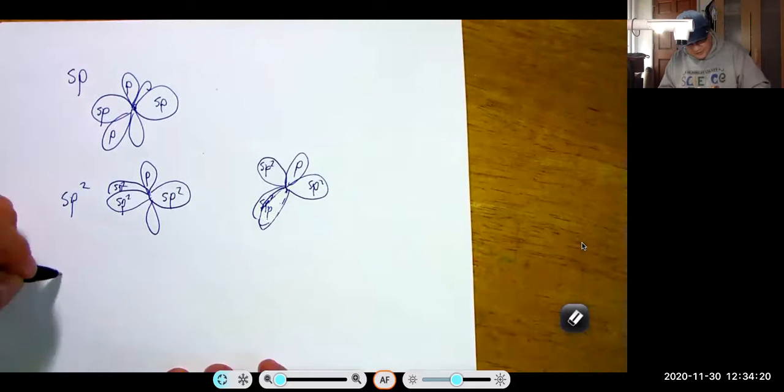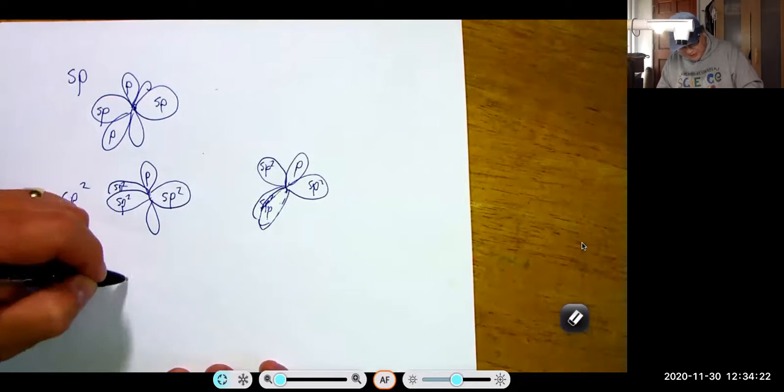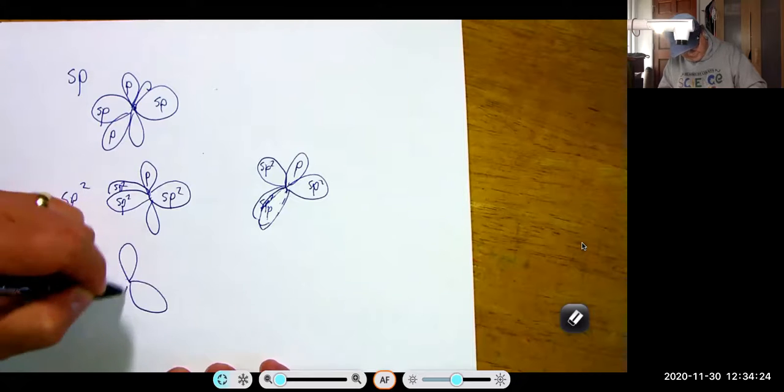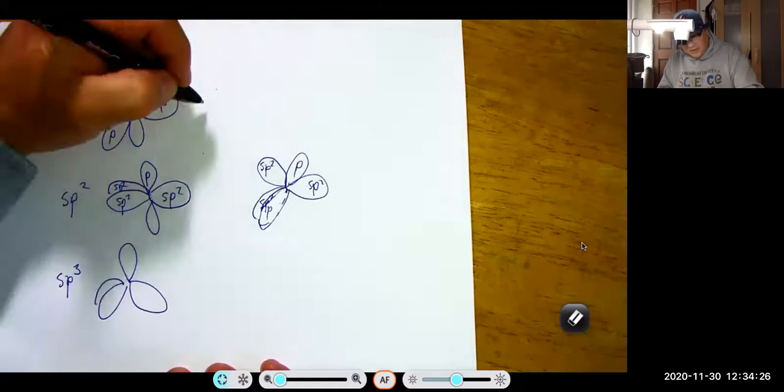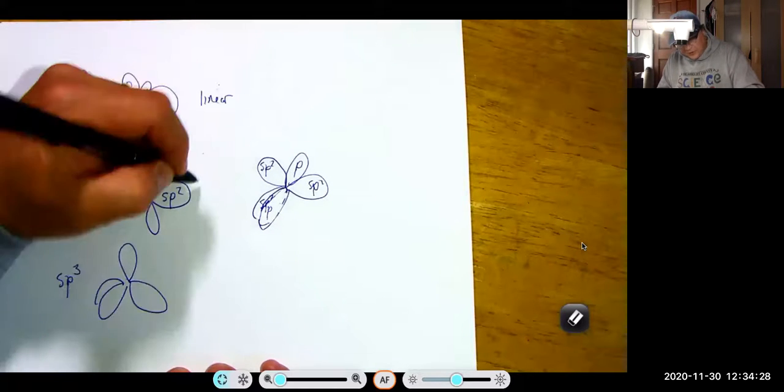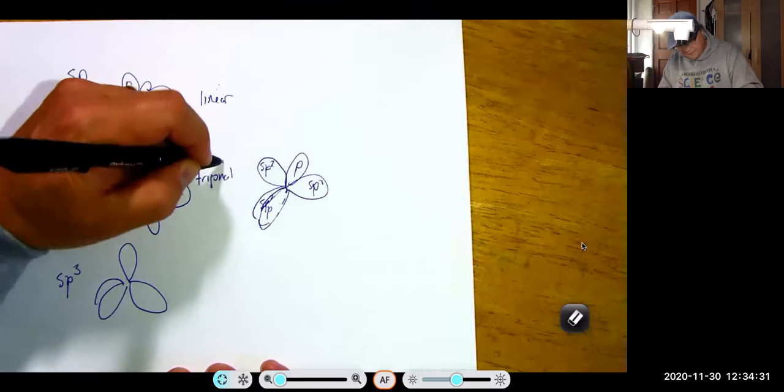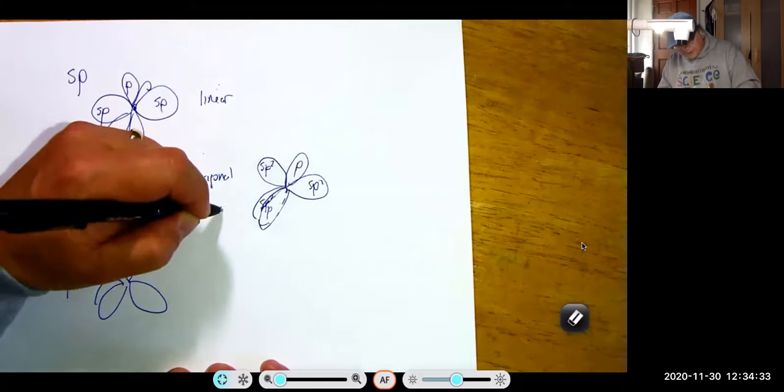There's sp3 hybridization, which looks like this. And this, by the way, is called linear. This one's trigonal planar. This one's tetrahedral.